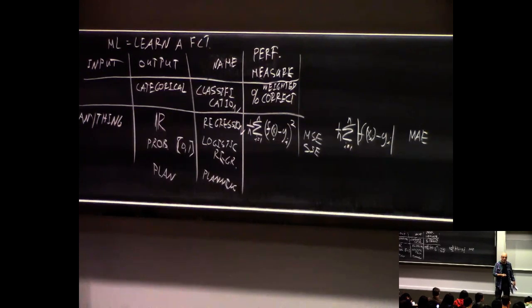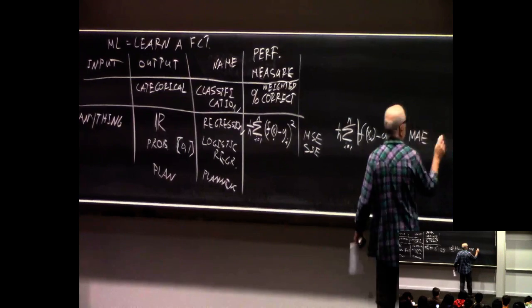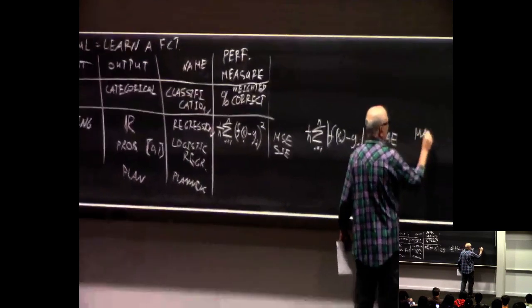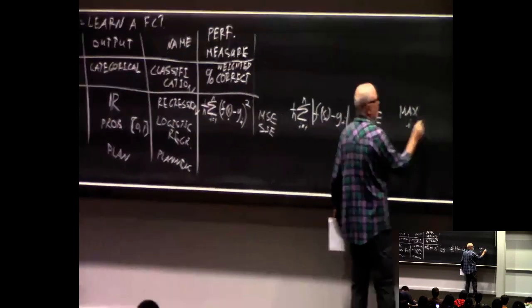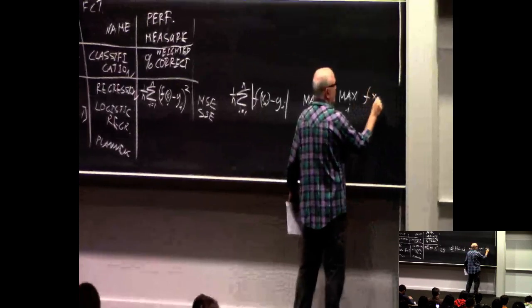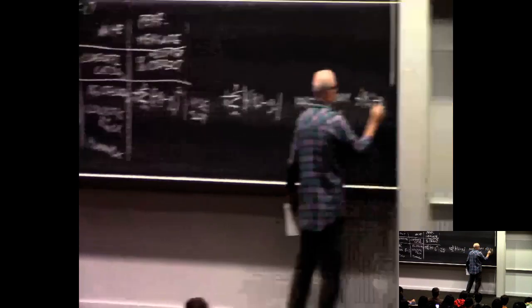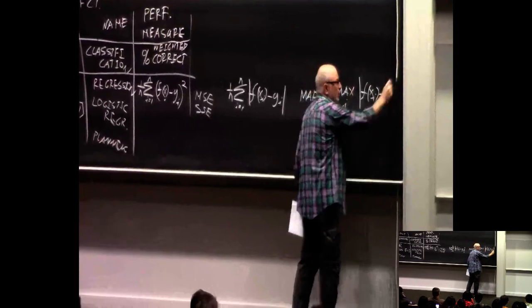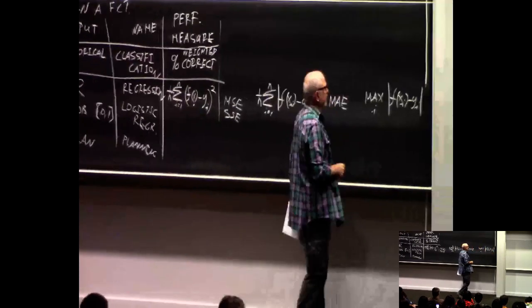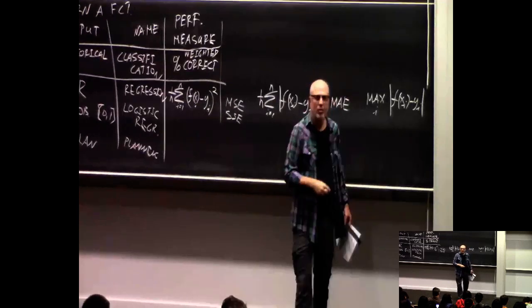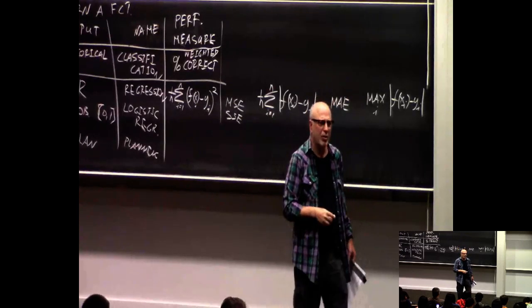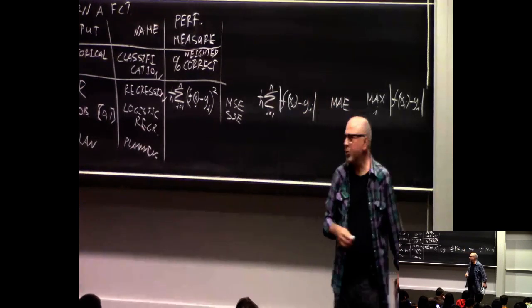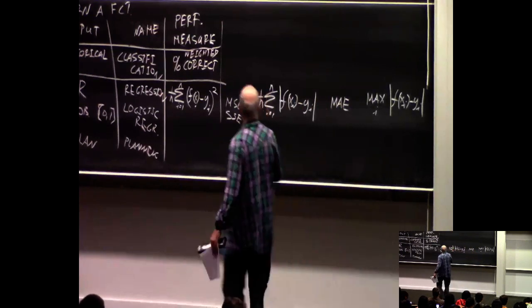Maximum error, I love that. How about maximum absolute error? Right? Any other possibilities? Root mean squared error. So that means coming here and doing this.